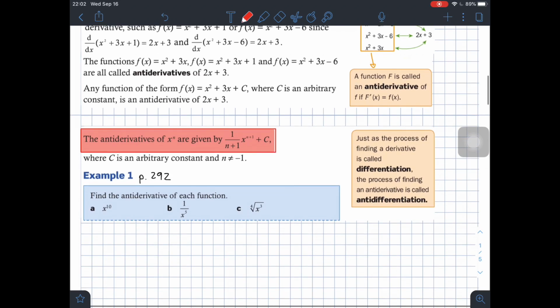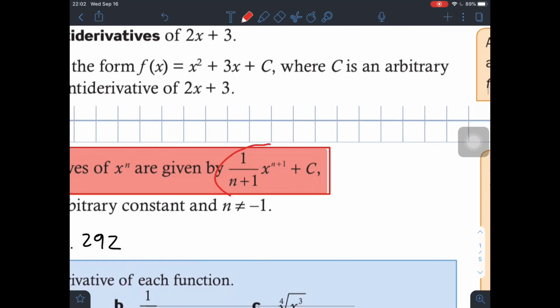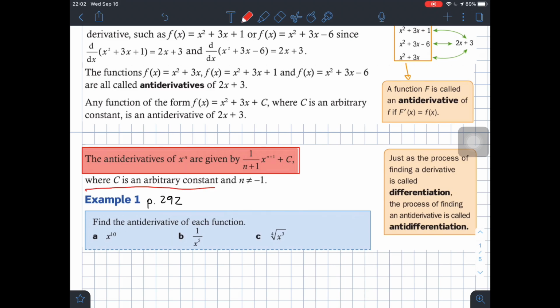Then it says the antiderivatives of x to the power of n are given by, and here we have the general formula to find the antiderivative of any power. As we have the power rule for derivatives, we also have this integration rule, which is also available in the formula booklet, where c is any arbitrary constant and n is different from -1.